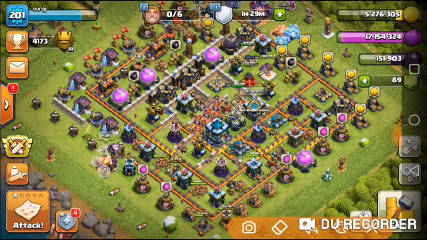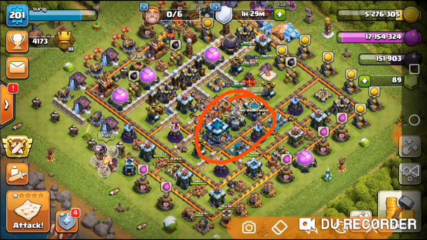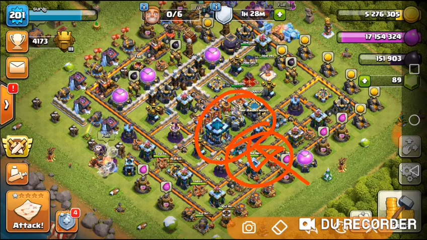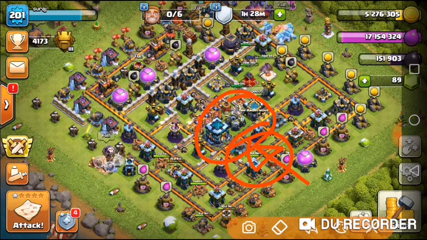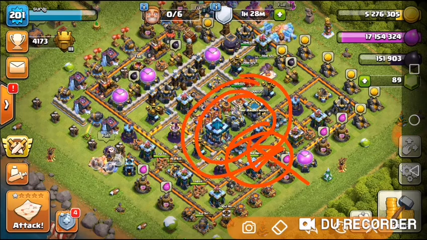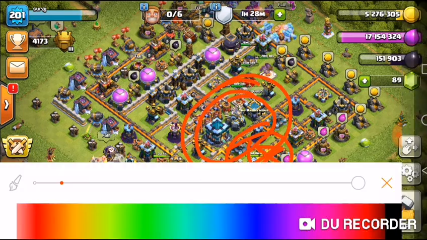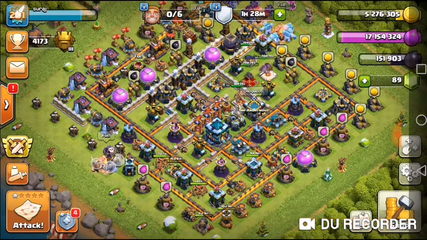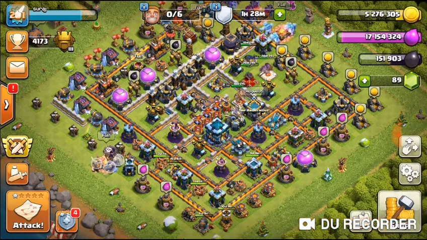Suppose in this area there are so many groups of buildings nearby, and if your army is moving towards this building, then you should use your rage spell here. The benefit is that it will clear all the defense buildings nearby. Also your troops will not be damaged more by the defense buildings.